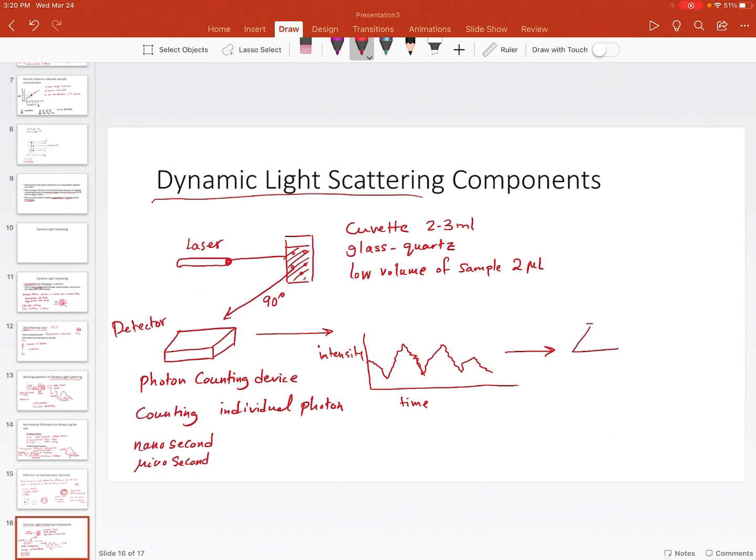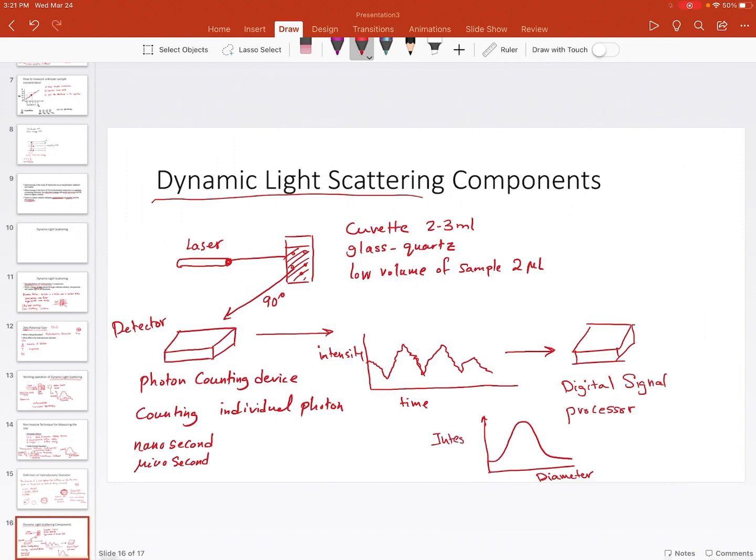This information is going to be given to a digital signal processor that is going to correlate the information of intensity fluctuation versus time and will give us a graph that is the size distribution of particles.